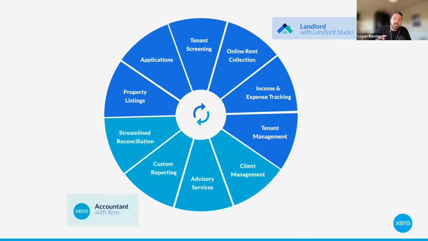But by streamlining these processes into one easy-to-use solution, Landlord Studio enables landlords to operate a more professional and scalable rental business. Landlord Studio also allows landlords to do everything, particularly from a mobile perspective, from finding and screening tenants to tracking and automating rent collection online, and also income tracking.